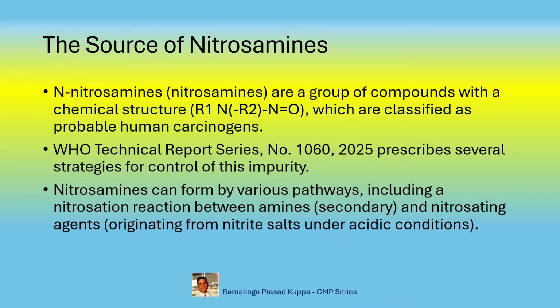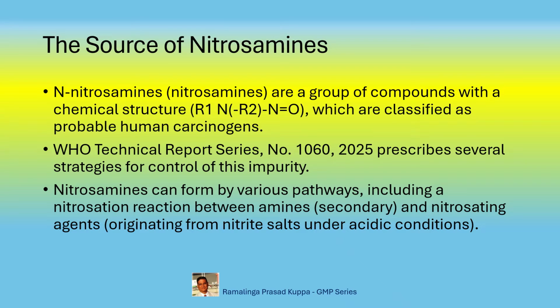Nitrosamines can form by various pathways, including a nitrosation reaction between amines, secondary amines, and nitrosating agents originating from nitrite salts under acidic conditions. The source of these amines is from the solvents and reagents that are used in the process. They can be degradants or related substances from the API.